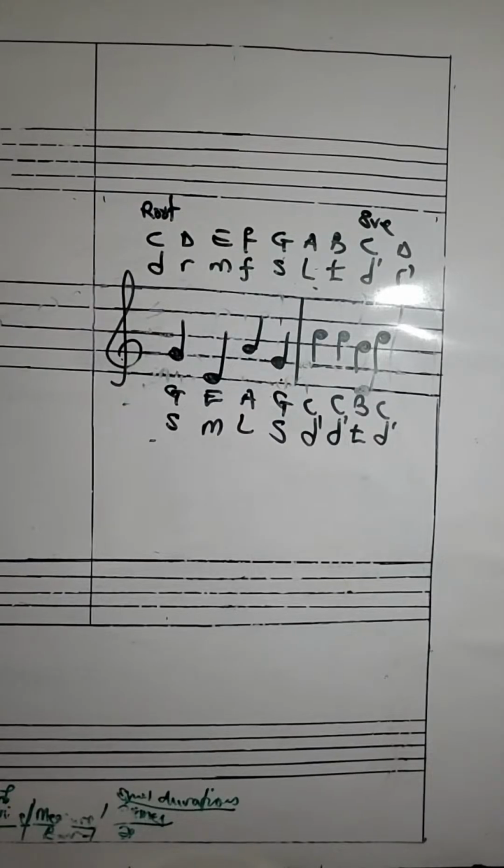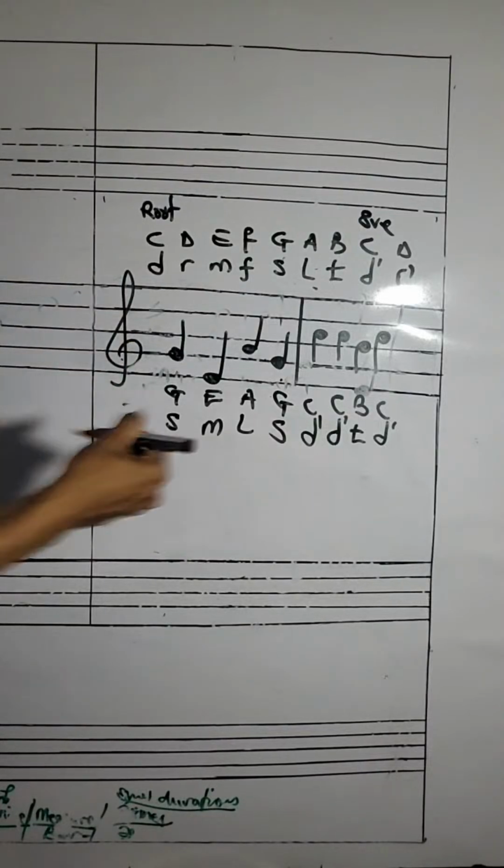It would all depend on the location of your first C. So I can find my C, and I know I can find my C on the first ledger line.